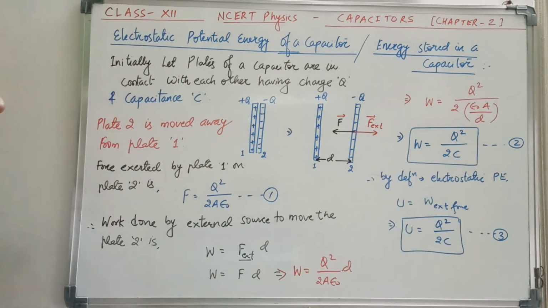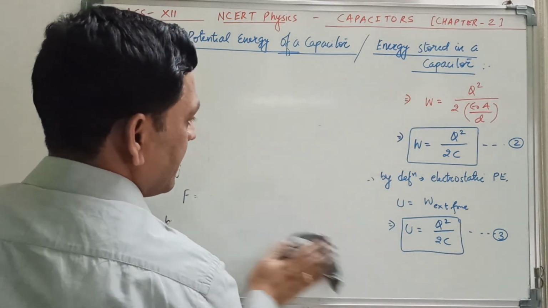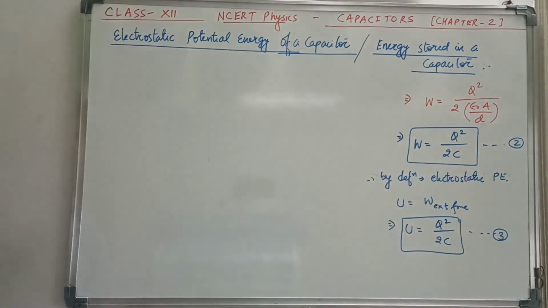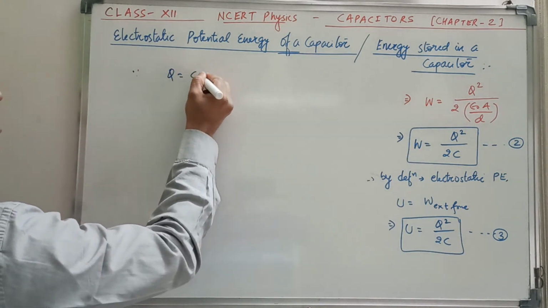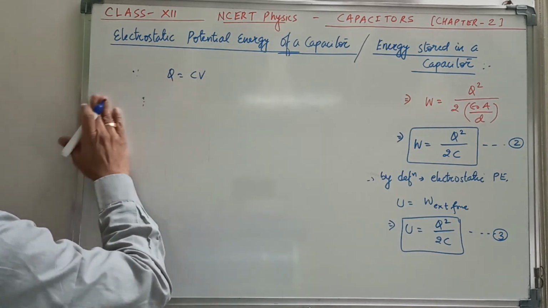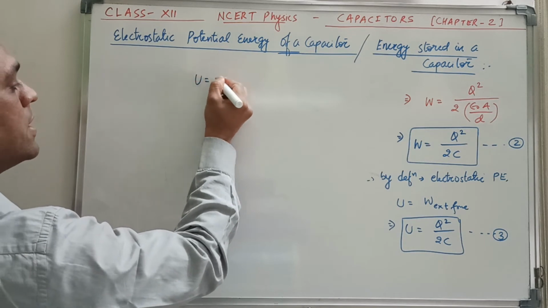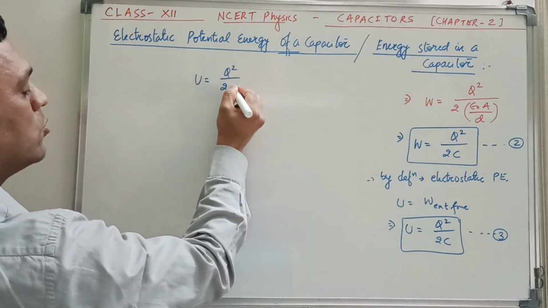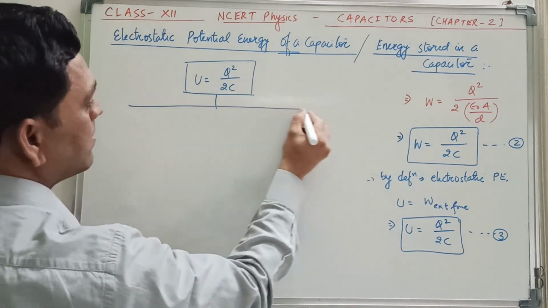Correct? So there are different forms of energy we can also write here. Since we know Q is equal to CV also, I have one formula, U is equal to Q square upon 2C, and I replace Q and C by two values.